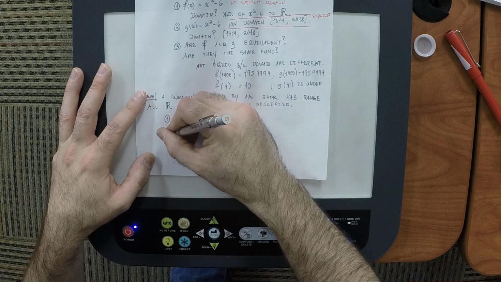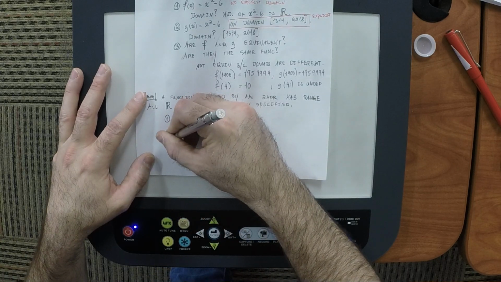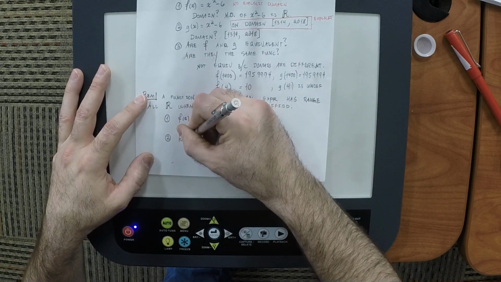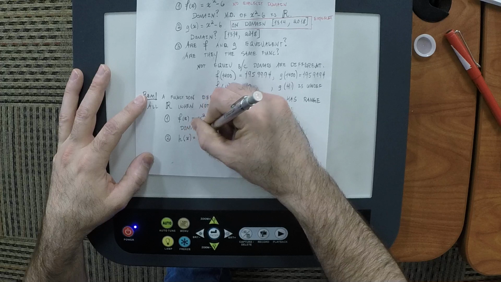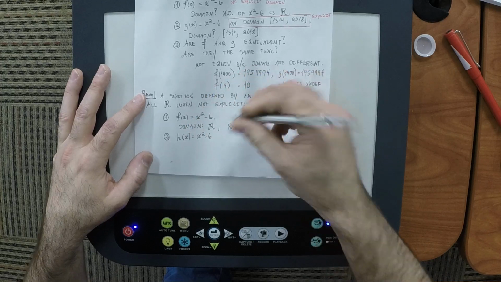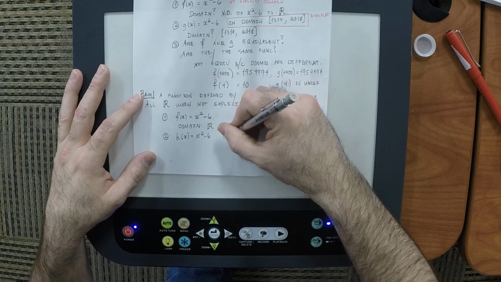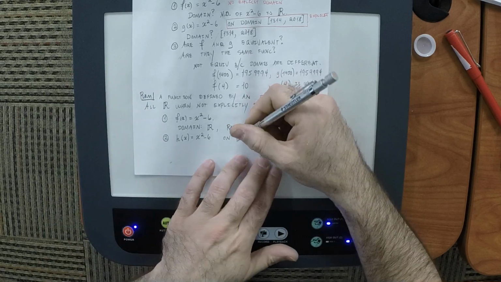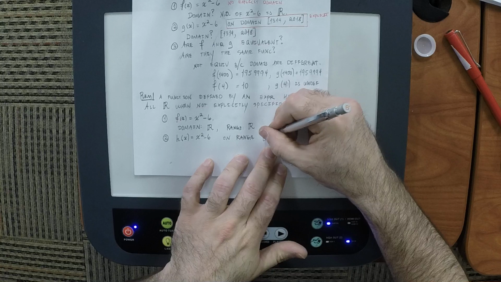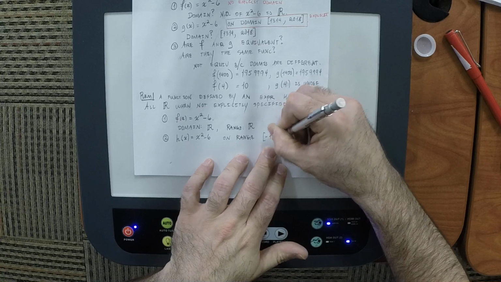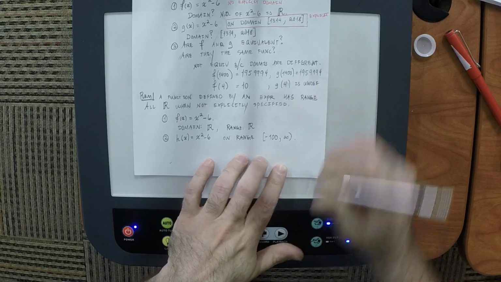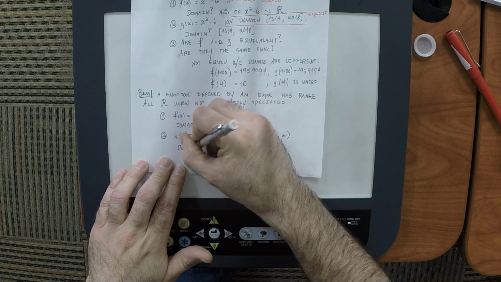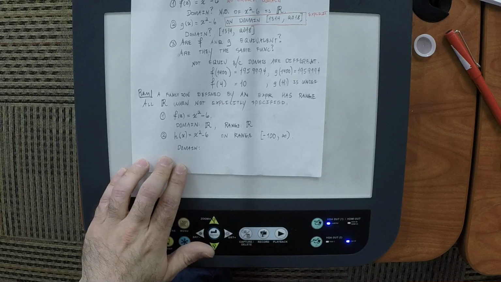Whereas I could say, for example, this new function, h of x is x squared minus 6 on the range, say, negative 100 to infinity. Then what's the domain of this one? All reals, right?